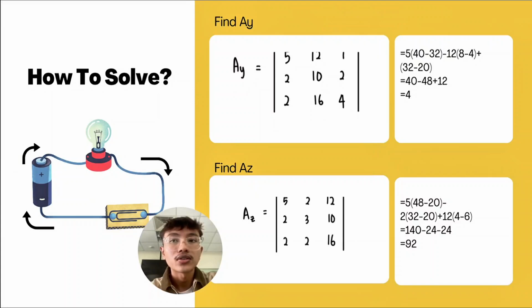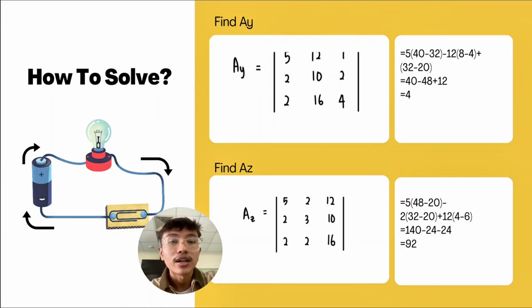Here we have a matrix. Row 1 is 5, 12, 1. Row 2 is 2, 10, 2. Row 3 is 2, 16, and 4. So here, 5 times the bracket 40 minus 32, minus 12 times the bracket 8 minus 4, and plus the bracket 32 minus 20.